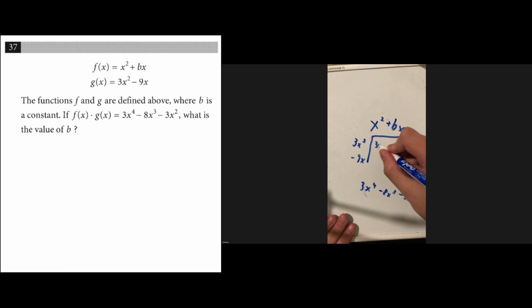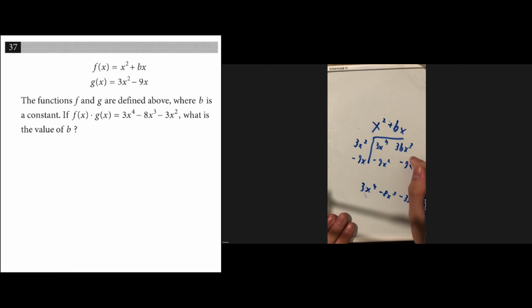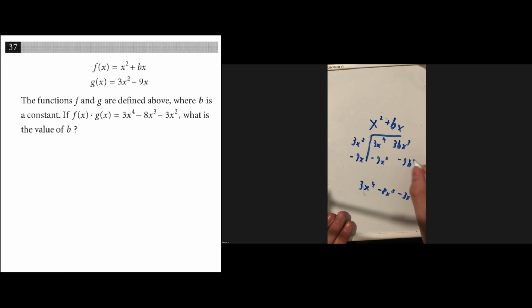Well, so this would give us 3x to the fourth. We would have 3bx to the third, negative 9x squared, negative 9bx squared.